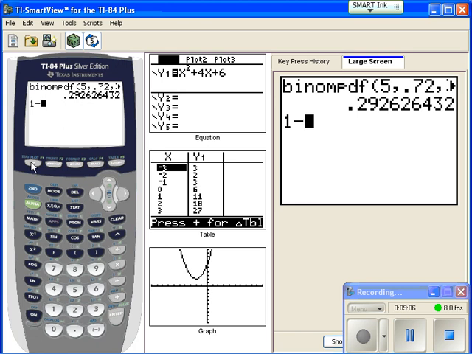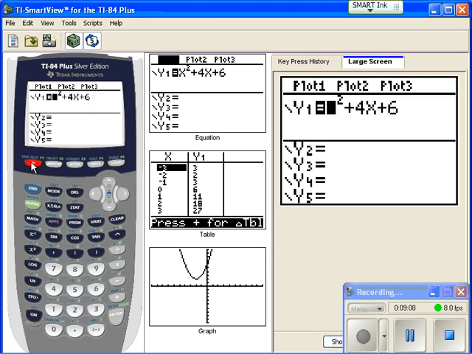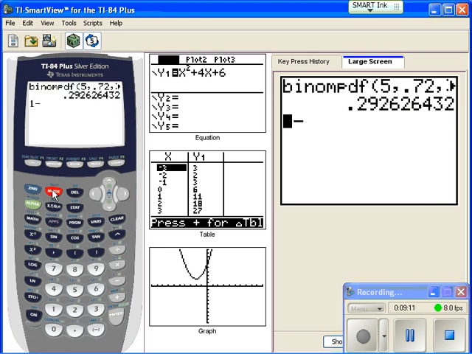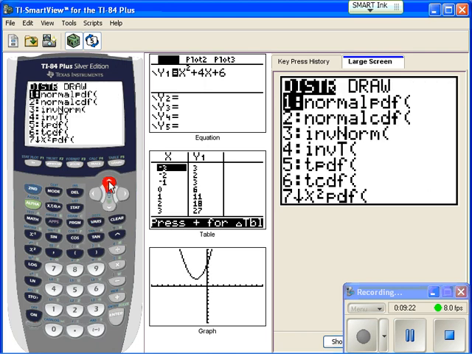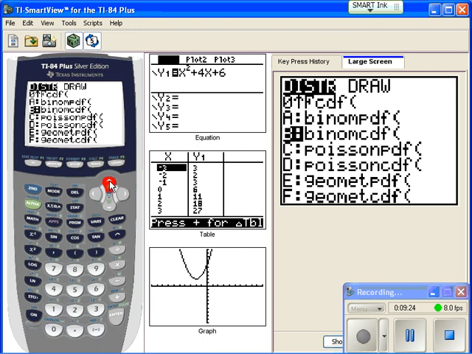Now I'm going to do a probability distribution, second distribution. And I'm going to go to my binomial cumulative distribution function, which is B. This is a cumulative distribution function, CDF. Hit enter.